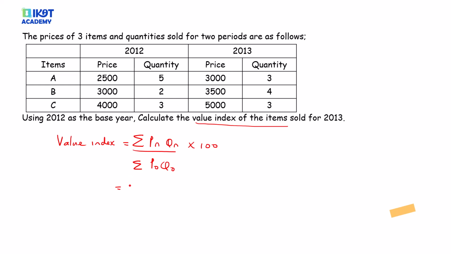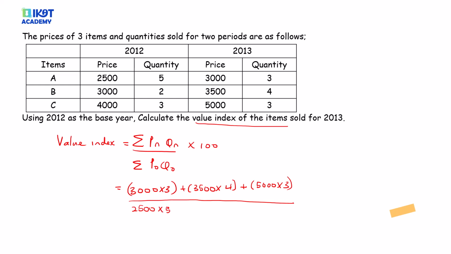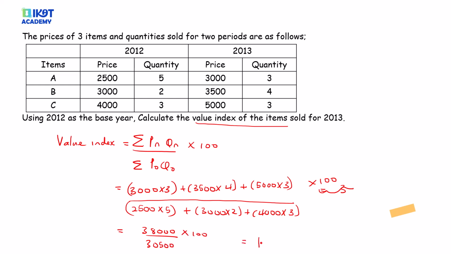So we multiply 3000 times 3 plus 3500 times 4 plus 5000 times 3, out of 2500 times 5 plus 3000 times 2 plus 4000 times 3, times 100. This would be equal to 38,000 out of 30,500 times 100. Here we get 124.